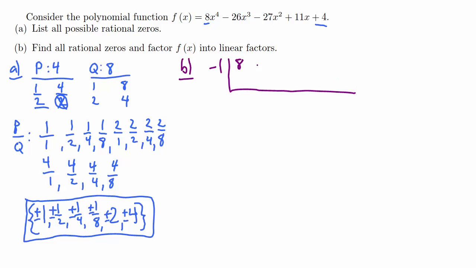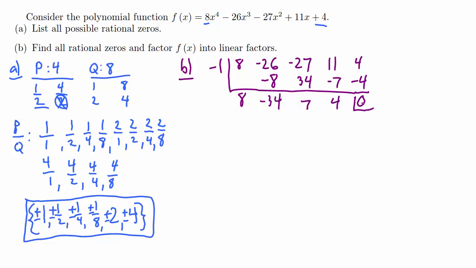So I have an 8, -26, -27, 11, 4. Bring down the 8, multiply, add, multiply, add, multiply, add, multiply, and add. Fantastic, I've just proven that negative 1 is a 0. That means that x plus 1 is a factor.